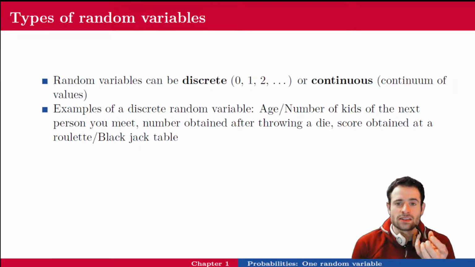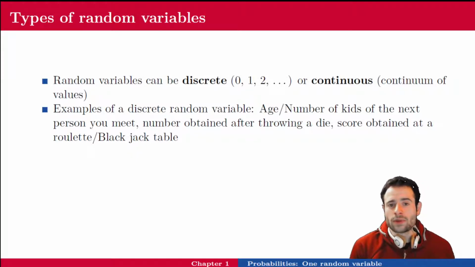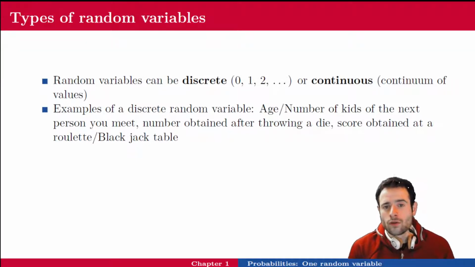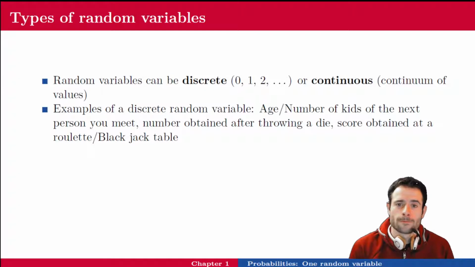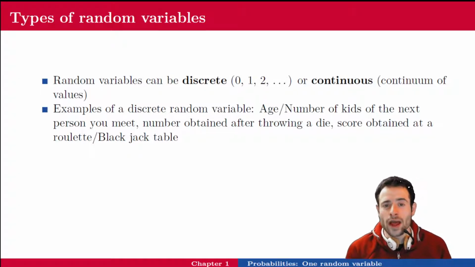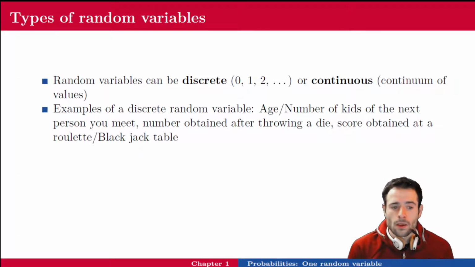You have a 6-faced die that you throw. You can obtain either 1, 2, 3, 4, 5, or 6. There is no such thing as a 2.5. Or it could be any type of scoring obtained at a roulette, a blackjack table, or in general, any gambling game.